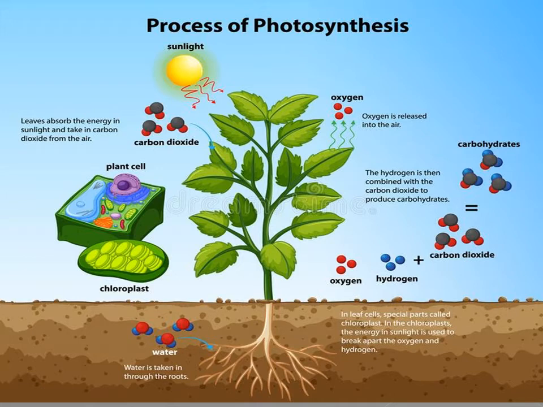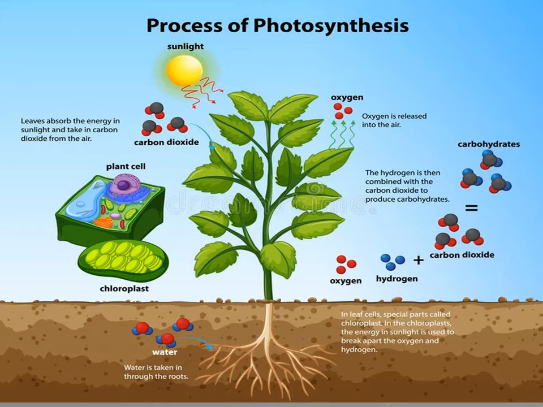In chemical terms, photosynthesis is a light-energized oxidation-reduction process. Oxidation refers to the removal of electrons from a molecule, while reduction refers to the gain of electrons by a molecule. In plant photosynthesis, the energy of light is used to drive the oxidation of water, producing oxygen gas, hydrogen ions, and electrons.